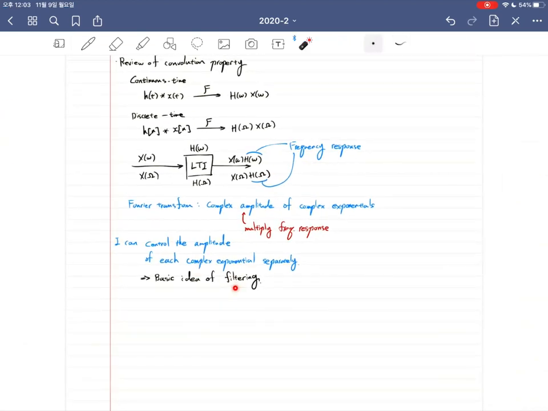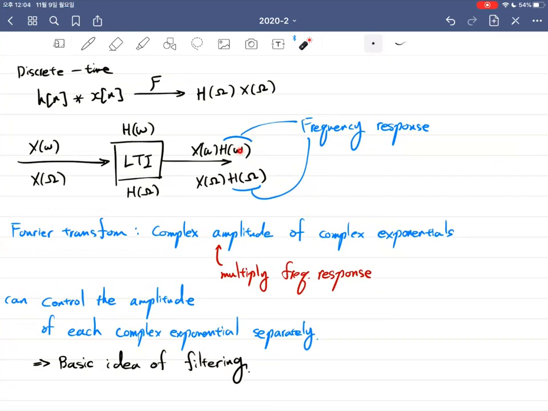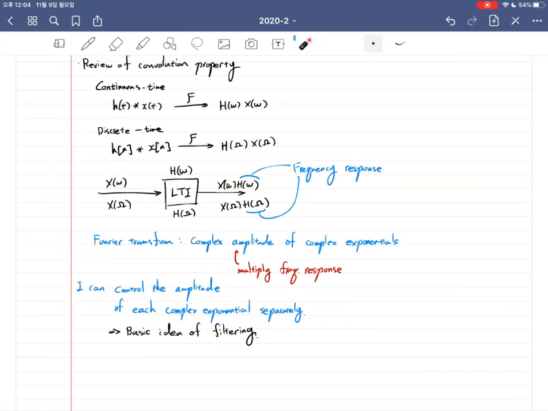So what I mean by this is that I can manipulate or control the amplitude for each complex exponential, which means I can suppress the high frequency domain, or on the other way around, I can suppress the low frequency domain, and I can do that just by using the frequency response of the LTI system.